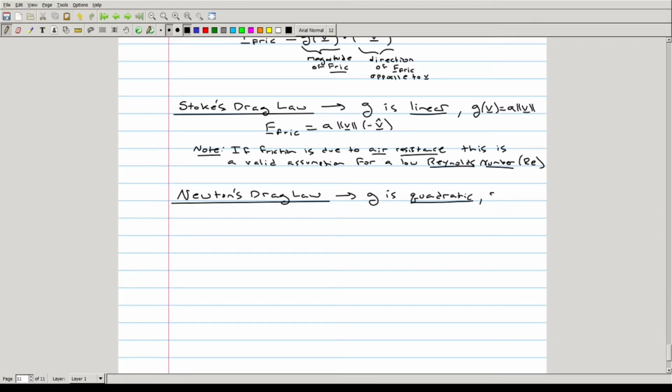The G of the velocity is some constant b times the magnitude of the velocity vector squared.